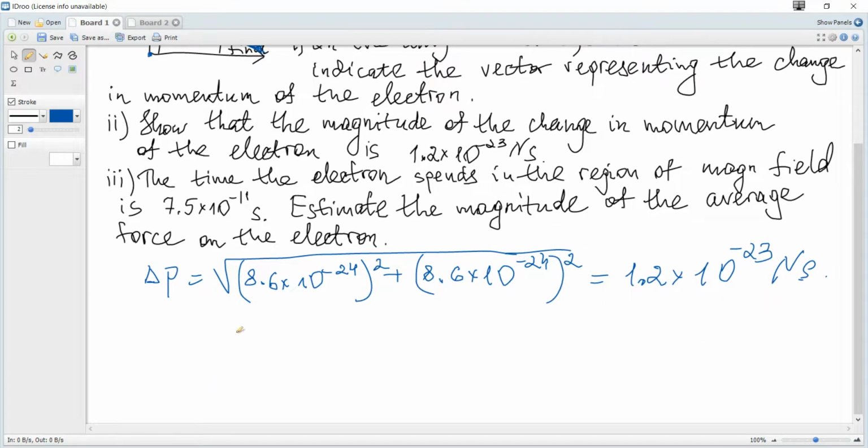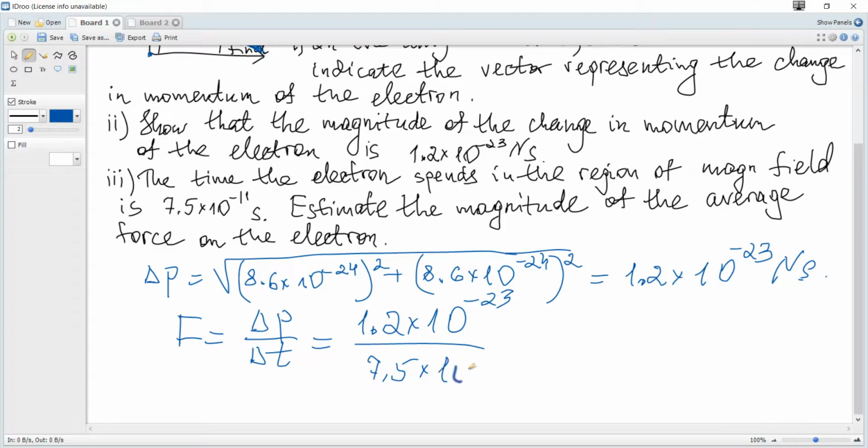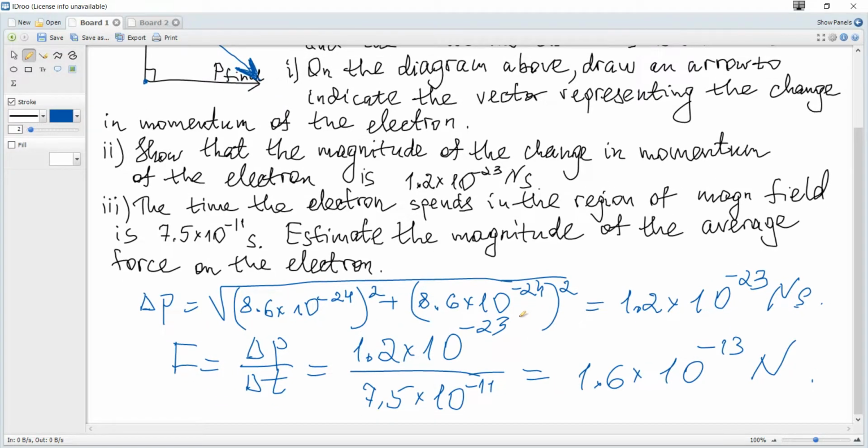Applying the formula that impulse, F delta T, is equal to the change in momentum, the average force is delta P over delta T, so we need 1.2 times 10 to negative 23 divided by the time, which is 7.5 times 10 to negative 11, and it is equal to 1.6 times 10 to negative 13 newtons. And that's all for this question.